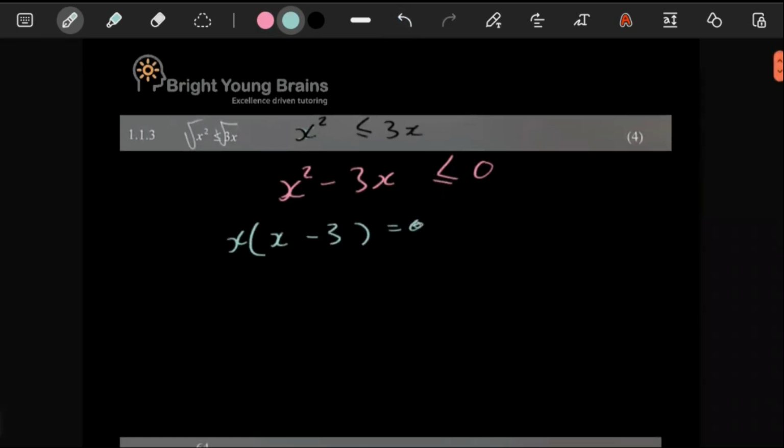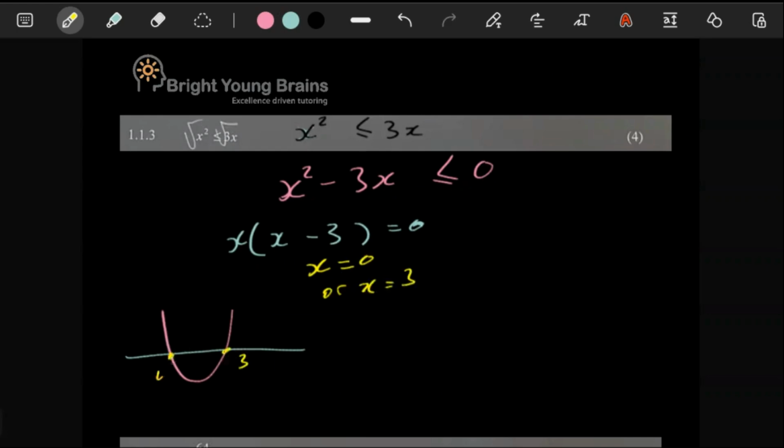And then for your x-intercepts, you don't need a y-axis, just the x-axis only. This is clearly a smiling graph, so you're going to draw something smiling like that. Your intercepts are x equals 0 or x equals positive 3. So somewhere at positive 3, we have an intercept, and somewhere at 0, we have an intercept.